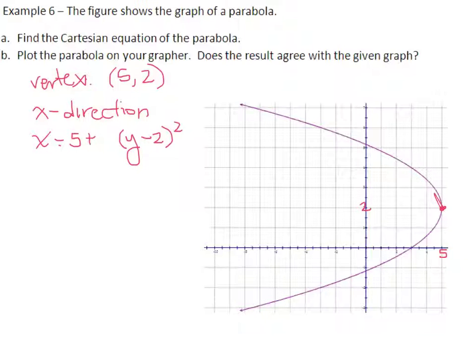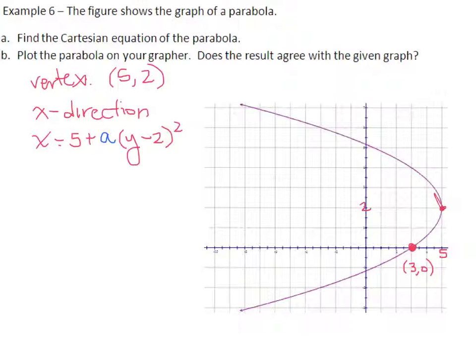So to figure out what a is, I just need to choose any point on the graph that I can clearly see. So I'm going to choose this one right here at 3, 0. And I'm going to put the x value in for x, the y value in for y, and I'm going to solve for a.